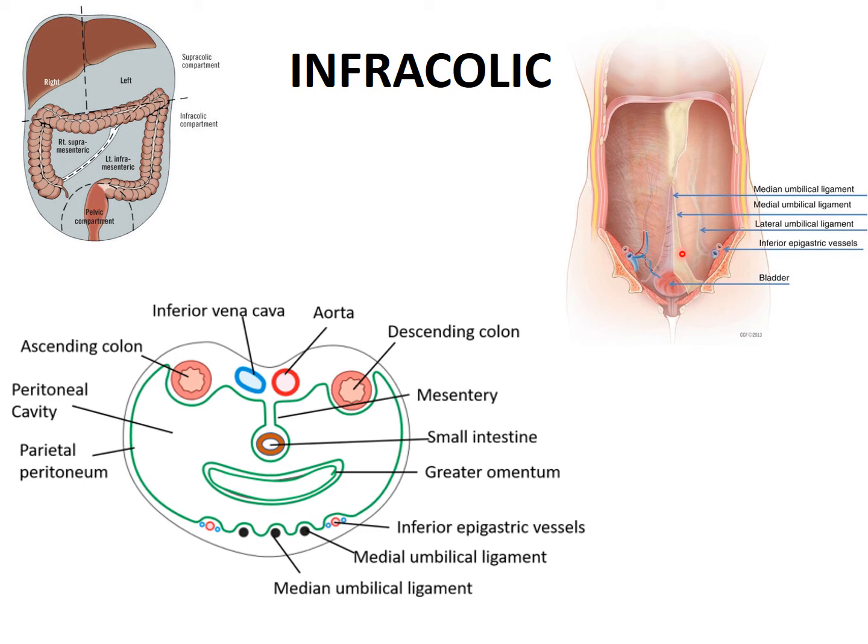Then on either side of the median umbilical ligament there is another fold or structure, which is also a remnant, and it is termed the medial umbilical ligament. This medial umbilical ligament represents the remnant of the umbilical arteries. Because the umbilical artery is no more required afterwards, it degenerates and remains as a fibrous band, which connects the umbilicus up to the level of the anterior division of the internal iliac arteries.